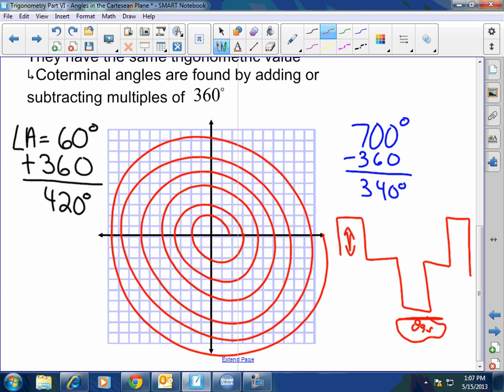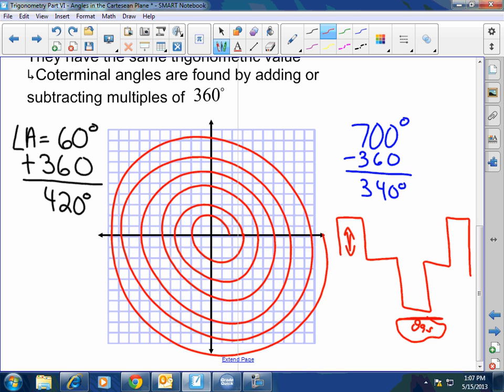If I'm dealing with an engineer that's building an engine, and I tell him I want this engine to have 2,500 revolutions per minute, am I going to work with 2,500 as the angle? Or am I going to start subtracting 360s until I get to a nice reasonable angle?